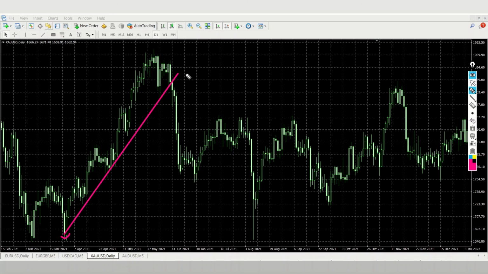So this is too steep. A trend line that is steep like this is less reliable compared to this. This one becomes a more stable trend line. So the less steep the trend line is, the better.